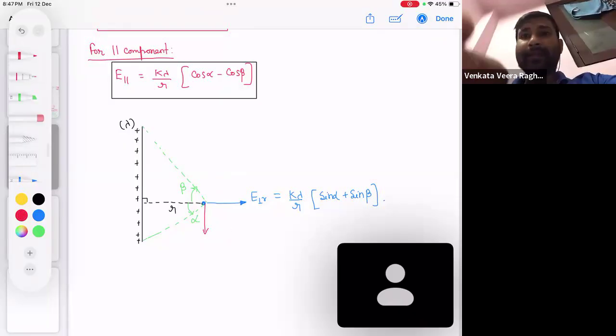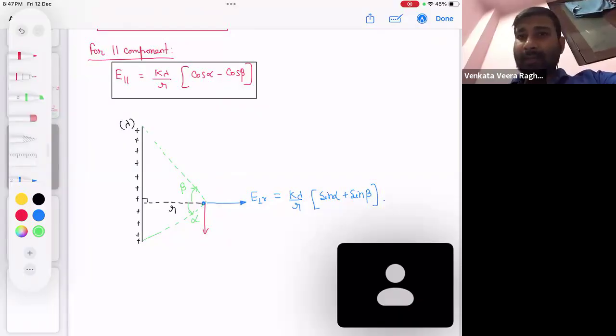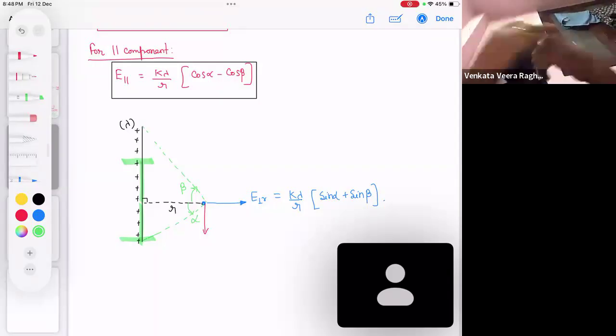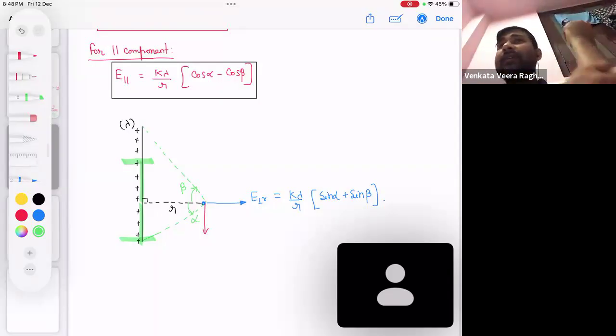Okay, let's see. I want to calculate at this point now. Think about it. Whatever field this component creates, if I have only the wire from here to here, will the parallel component get cancelled because of symmetry? Please tell me. If it is a symmetric arrangement, that means alpha and beta are equal, can I say that the parallel component will get cancelled out?